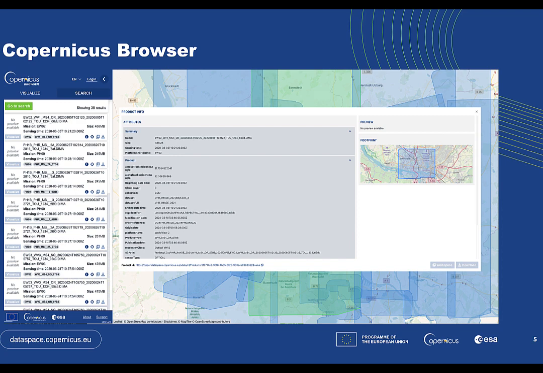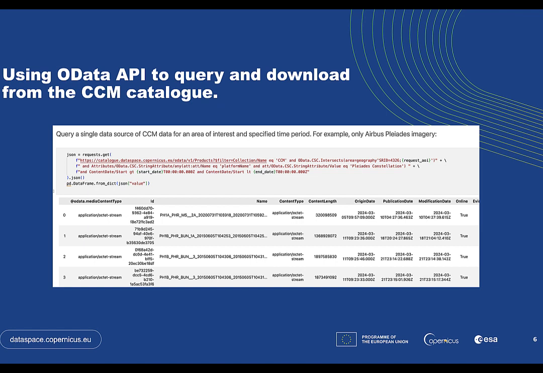So for instance here, we're looking at a Worldview 2 image, and you can access important metadata such as the cloud cover percentage, but also the nadir angle of the imagery as well. You can also use our OData API to query and download imagery from the Copernicus Contributing Missions catalog, and there are examples on how to do this within our documentation.